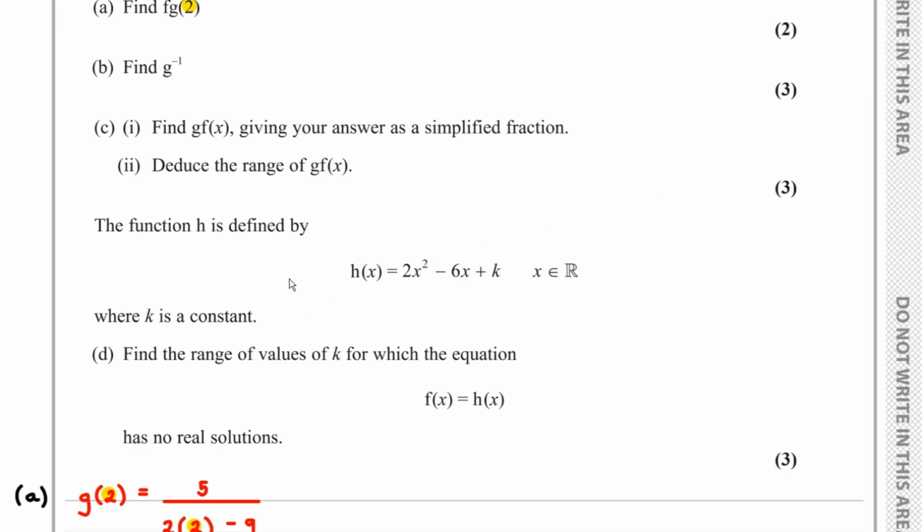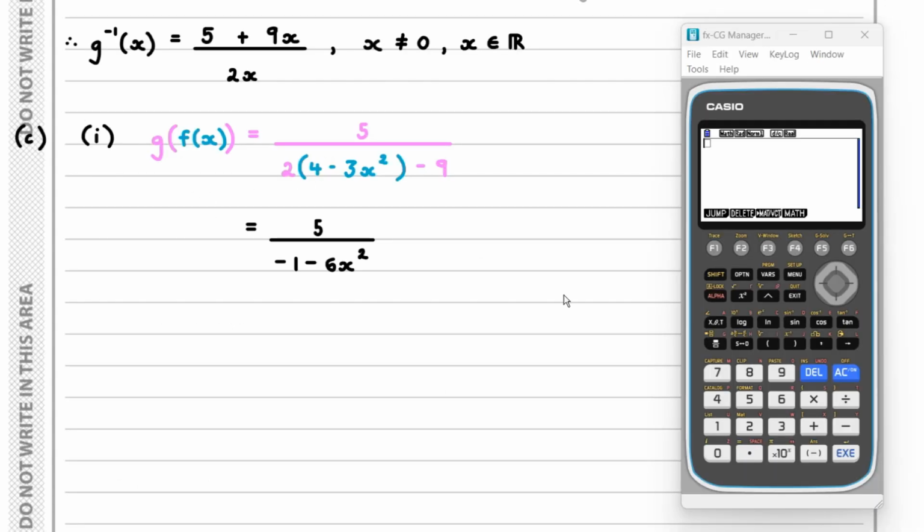For the second part of part C, deduce the range of g of f of x. What we'll do over here is play around with different values of x. So if I have 5 over negative 1 subtract 6x squared, let's start off with x equaling 1.